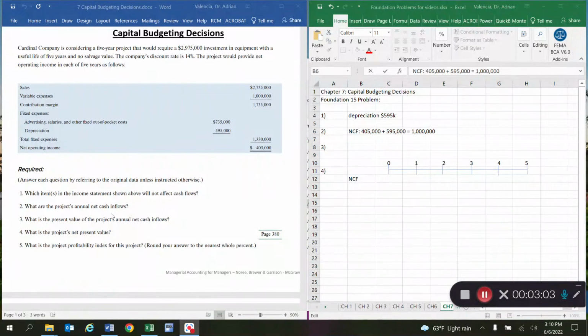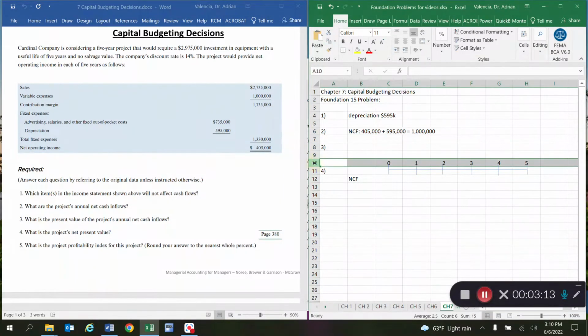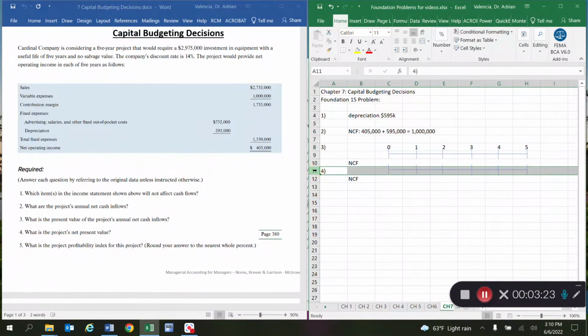We'll move on to question 3. It says, what is the net present value of the project's annual net cash inflows? Okay, so we could look at it as a timeline, which is what I try to do here. Let me copy this here. Oops, that didn't work out well.